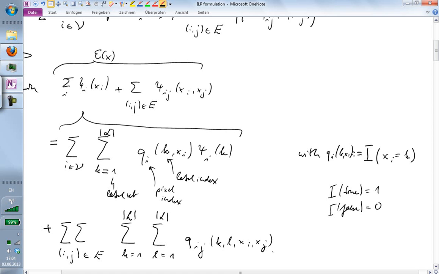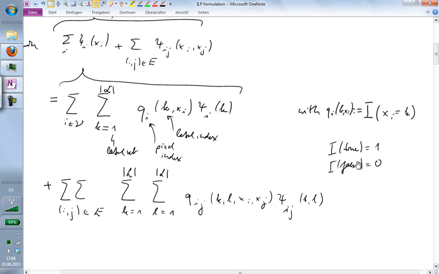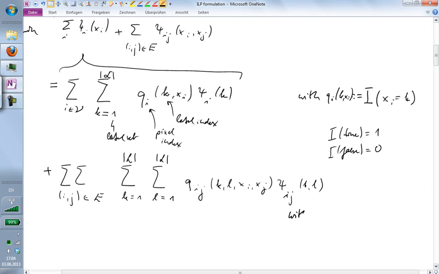And I now have a whole table of indicator variables, or you can think of it as a longer vector, which again multiplies the term that I really want to have. So in this time, Qij of Kl and Xi and Xj is the indicator function.